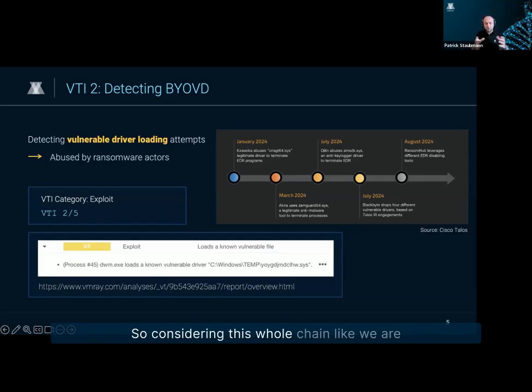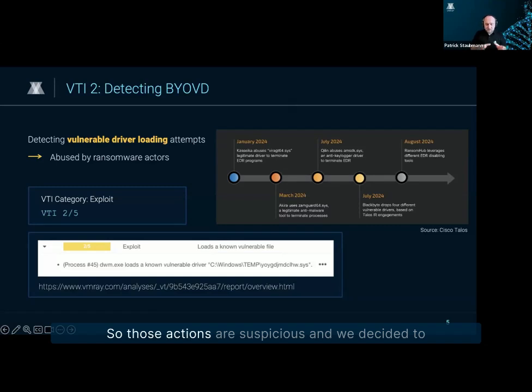So considering this whole chain, we have the Yara rule that has a very low score. It just has 1 out of 5 to indicate that there is a driver being used in this analysis that is at least known to be vulnerable. And then we have the VTI that has a slightly higher score of 2 out of 5, which indicates that this vulnerable driver we have detected via Yara rules is actually being loaded as well during the analysis.